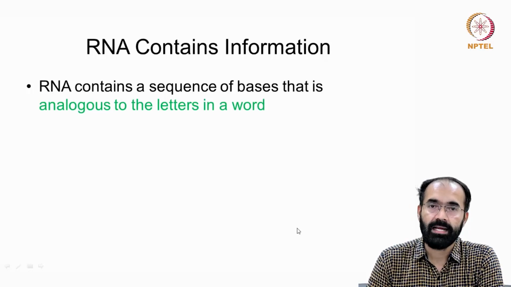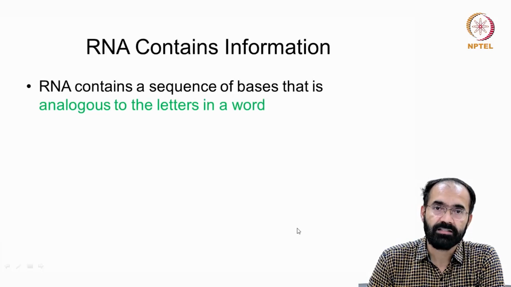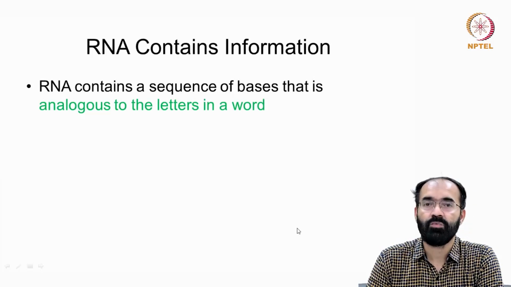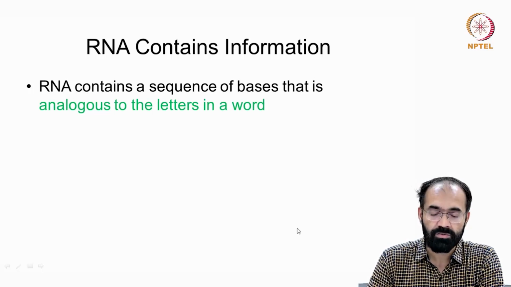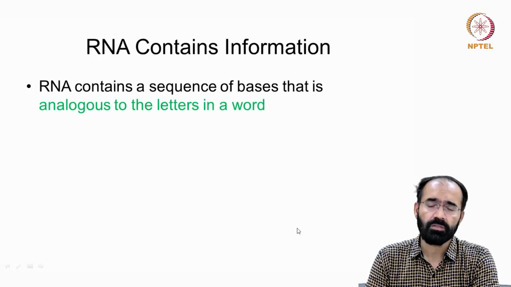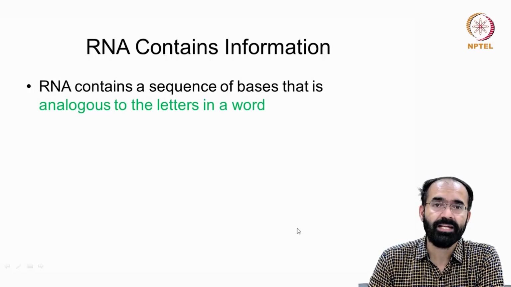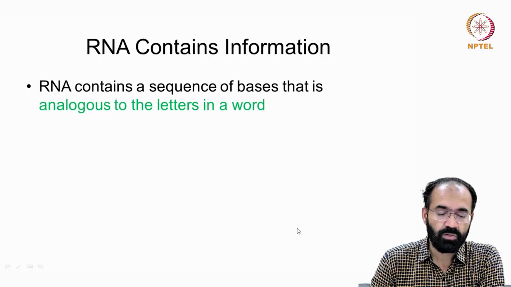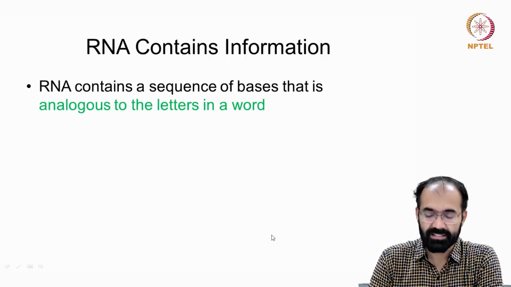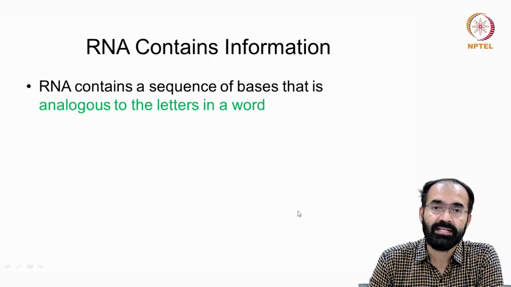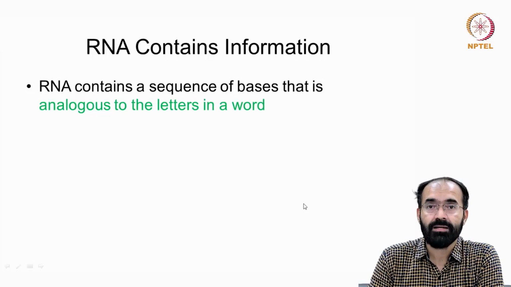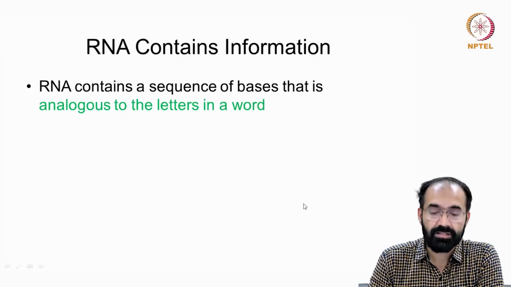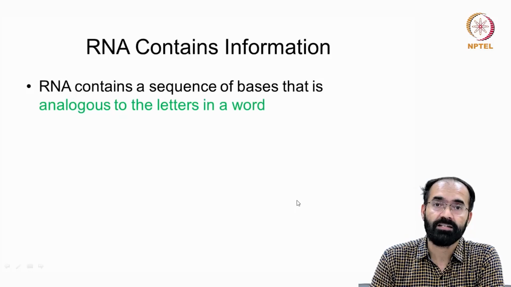In the same way, the number of letters present in one word decides how that word is pronounced, and also what qualitative meaning that word imparts. Like that, the sequence present in the RNA can contain information that can specifically mean something. We'll see what that meaning is.